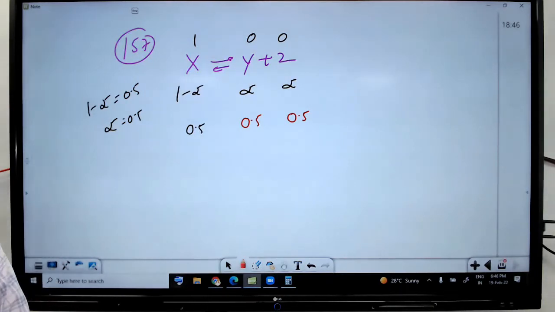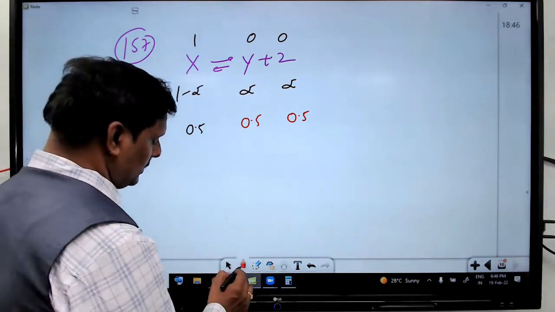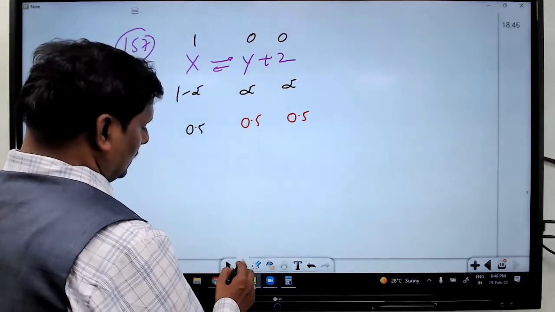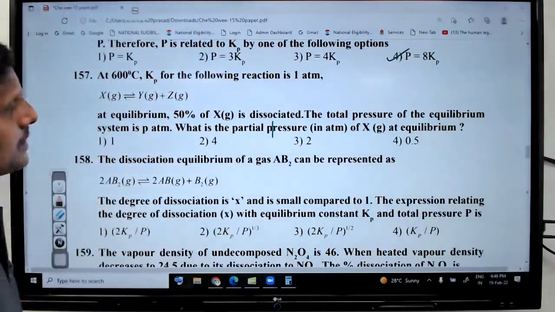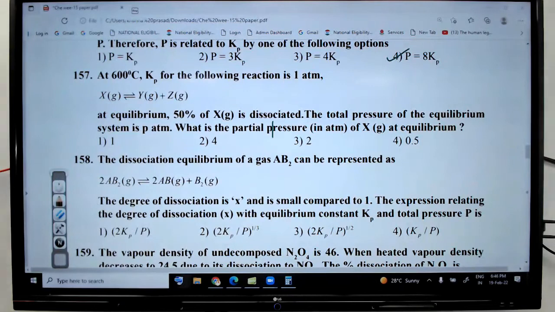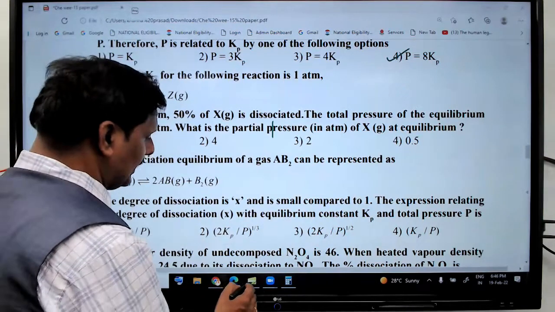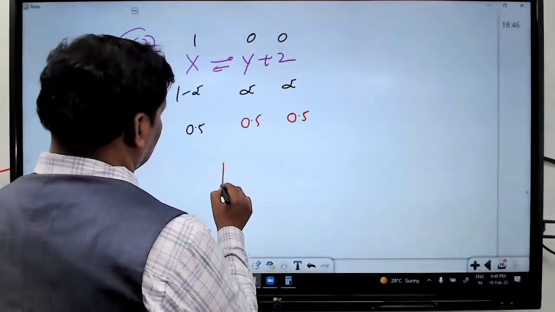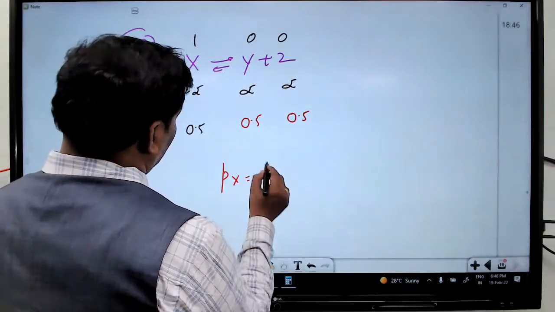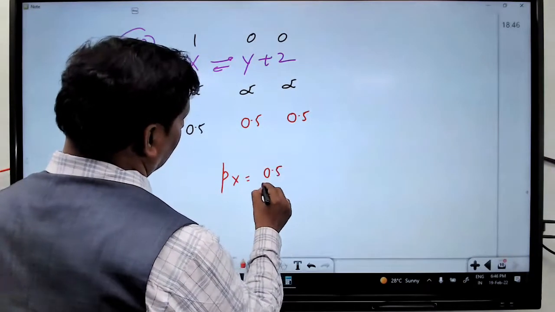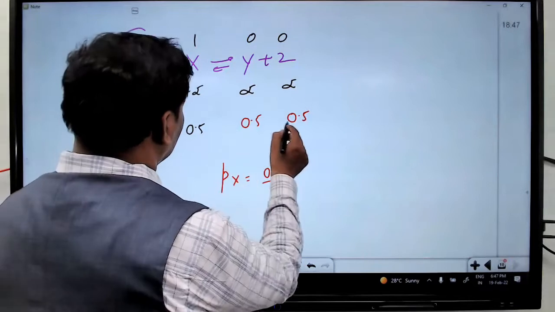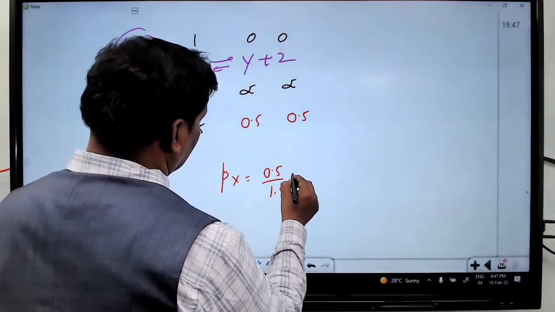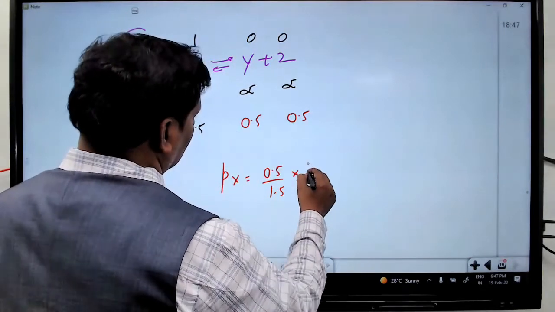Now, what are they asking the partial pressure of? Partial pressure of X at equilibrium. How will you calculate it? Partial pressure of X is nothing but number of moles by total moles, 1.5, into P total.